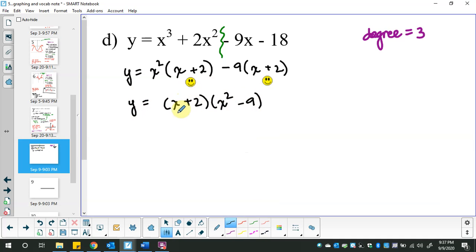This is still a degree 3 because I've got x squared here and x here, which makes x to the 3. I can continue to factor because that back bracket is a difference of squares.